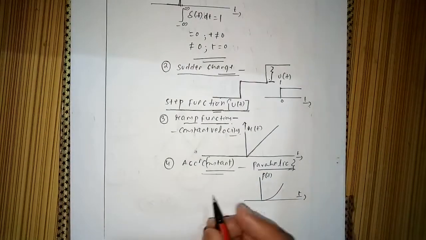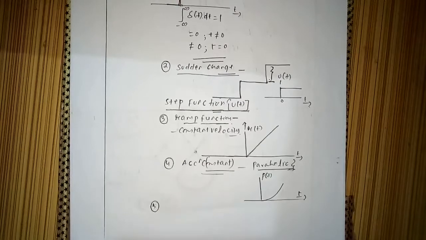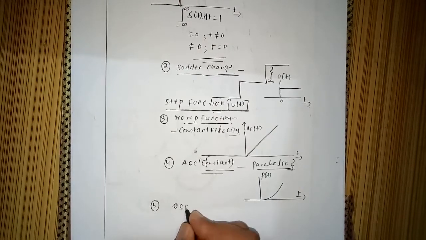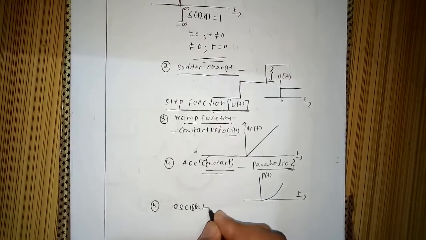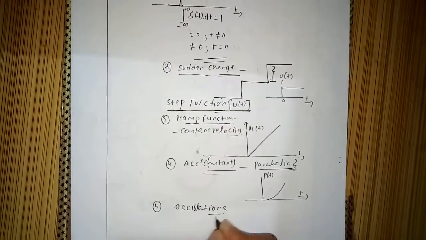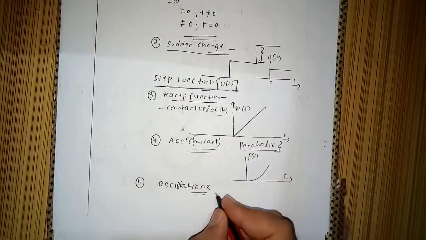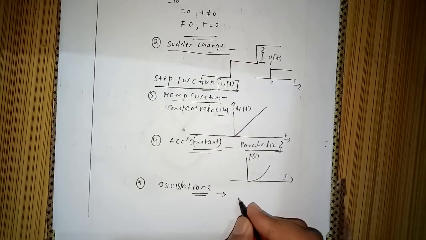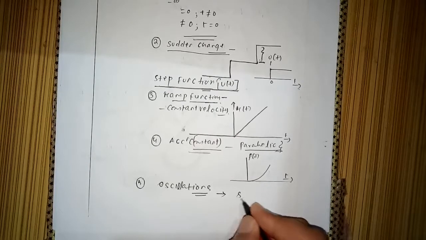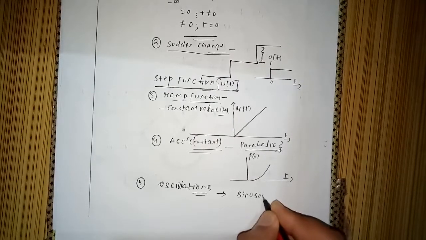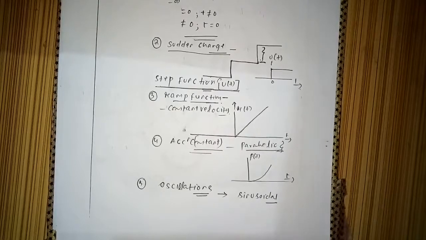And the fifth kind of thing is that there may be oscillation in the input. Whenever there is oscillation, we can use our standard sinusoidal function, which can be sine or cosine.